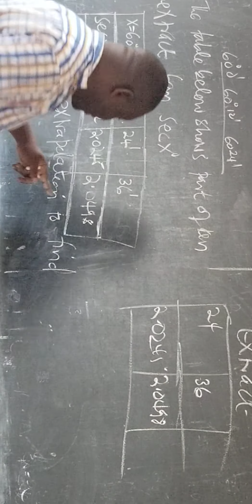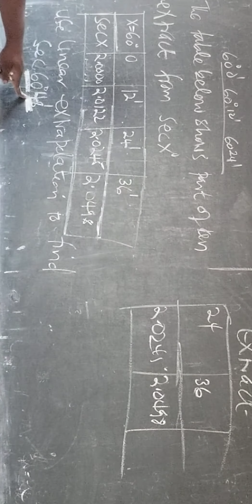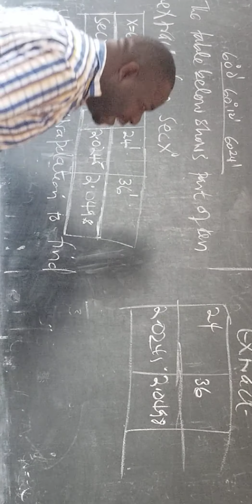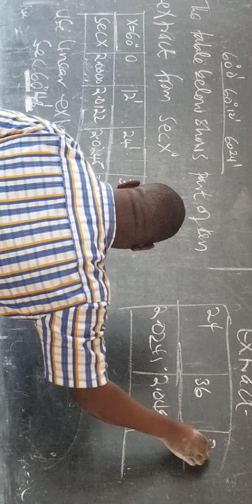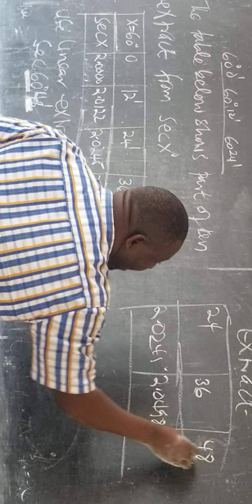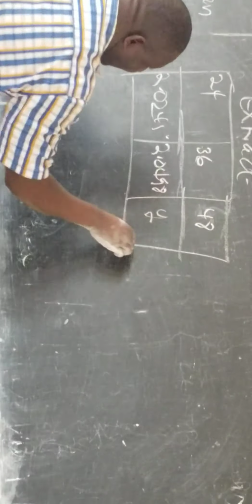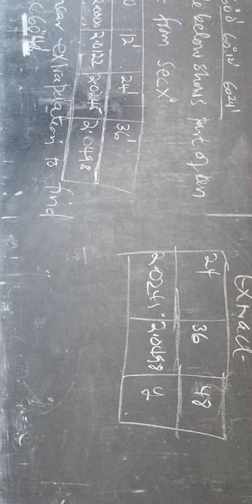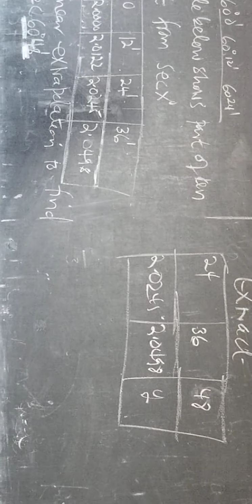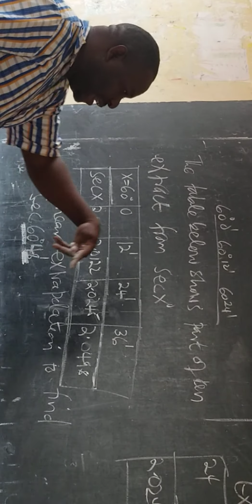Then what we want to get is the 48 minutes, and 48 minutes lies outside. And what we want now is the value of y here. So we can use those values to get it, because that is an extrapolation. The value for the 48 is lying outside.